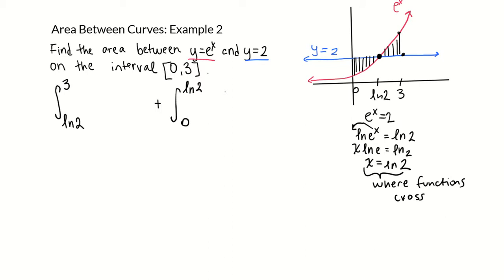So for this first section, between 3 and ln of 2, e to the x is the greater function, so we're going to do the area e to the x minus the lower function, which is 2.